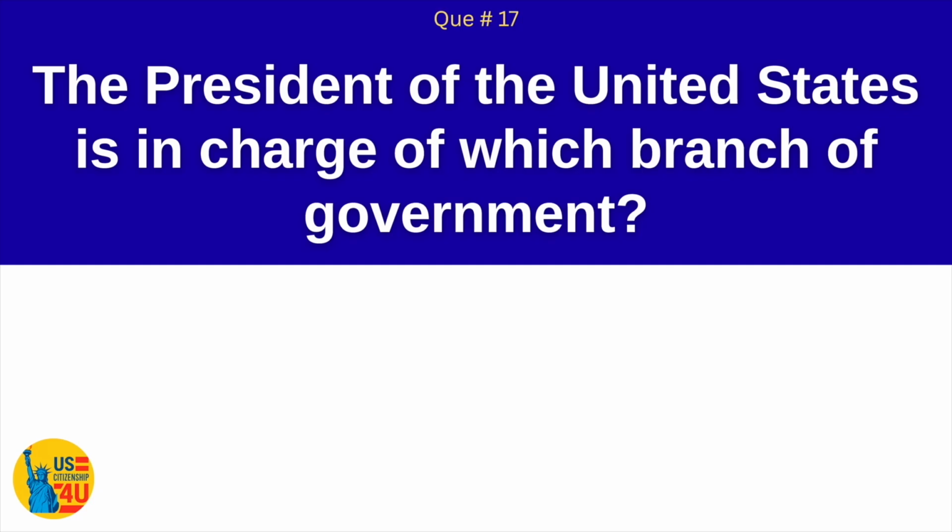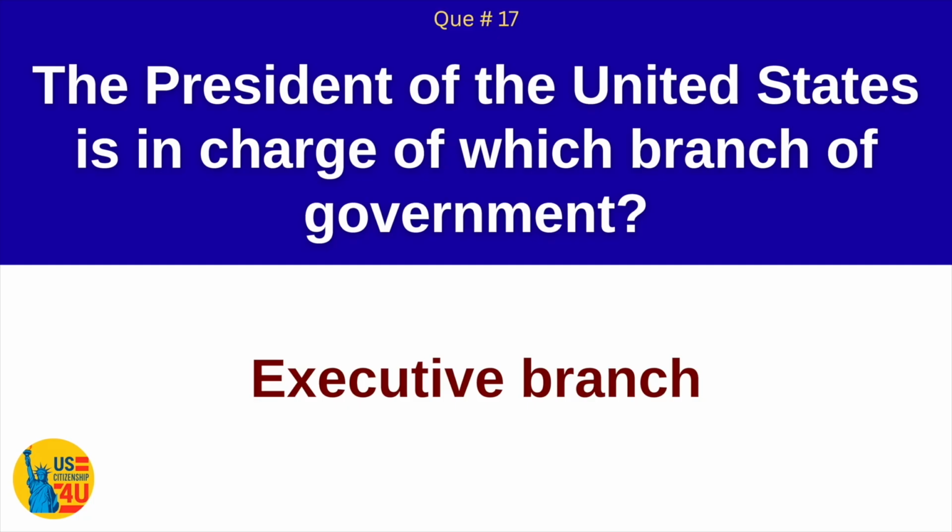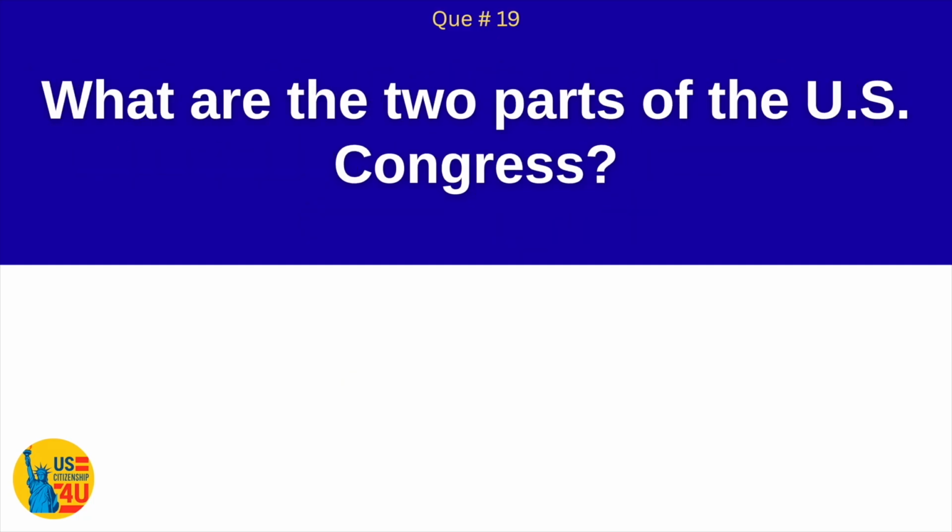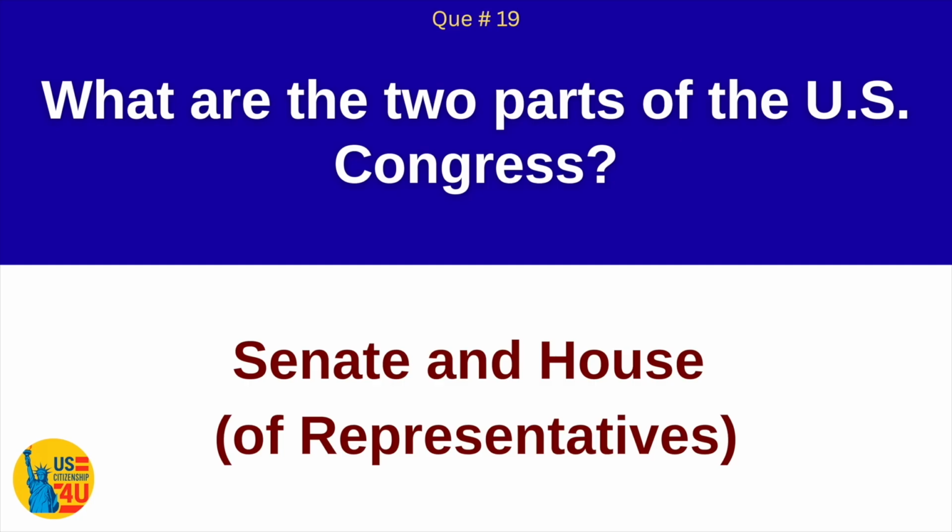The President of the United States is in charge of which branch of government? Executive branch. What are the 2 parts of the U.S. Congress? Senate and House of Representatives.